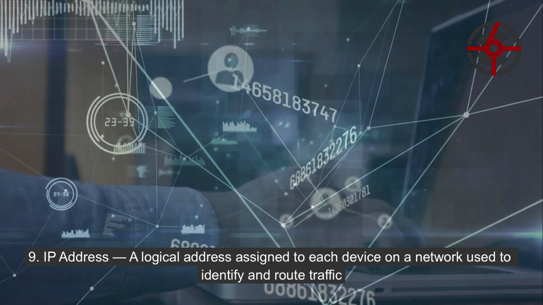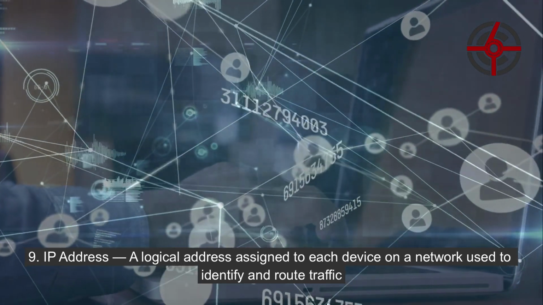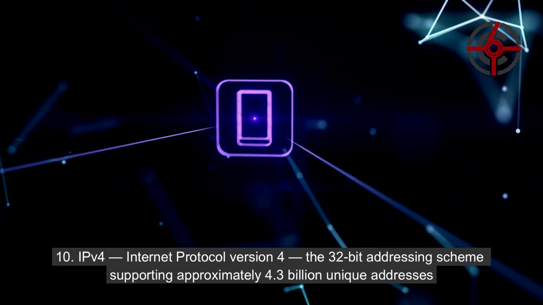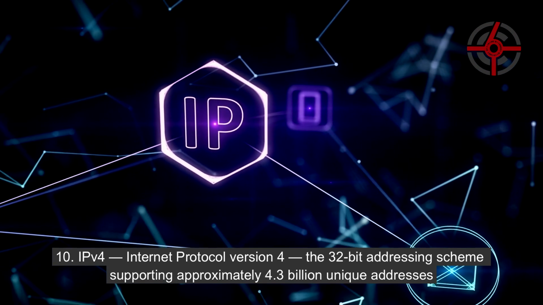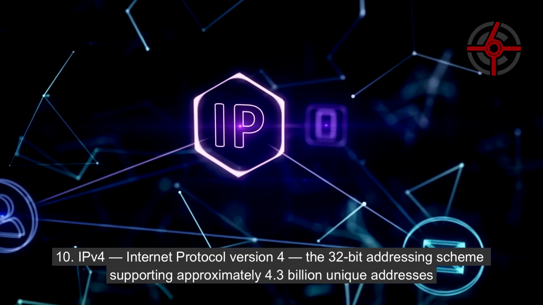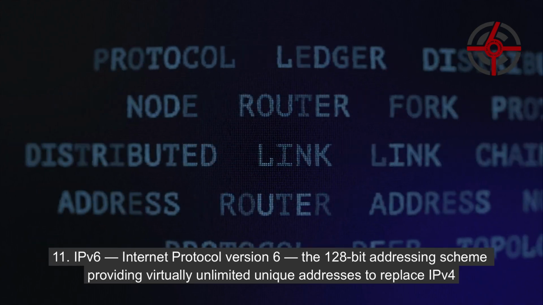IP address, a logical address assigned to each device on a network used to identify and route traffic. IPv4, Internet Protocol version 4, the 32-bit addressing scheme, supporting approximately 4.3 billion unique addresses. 11.